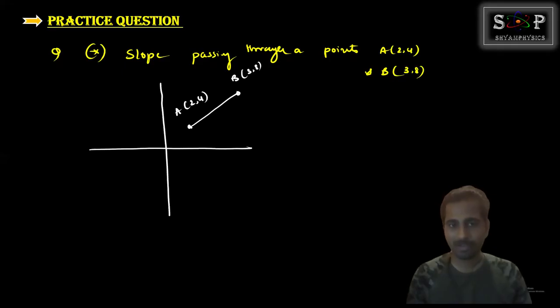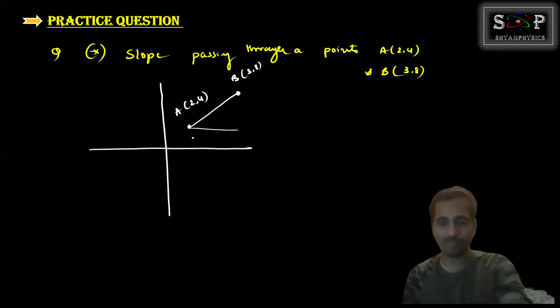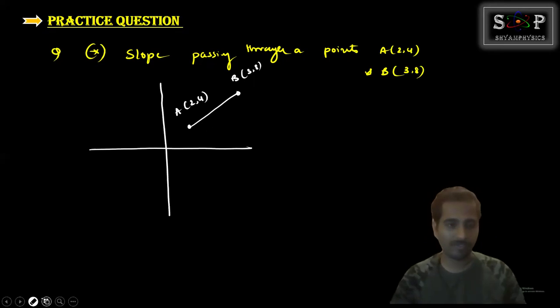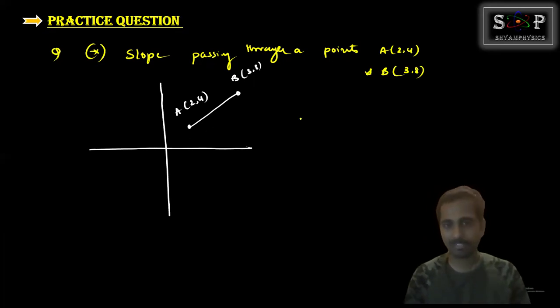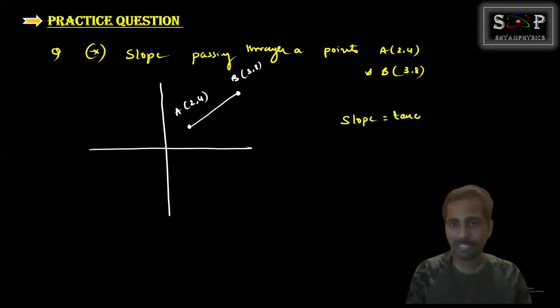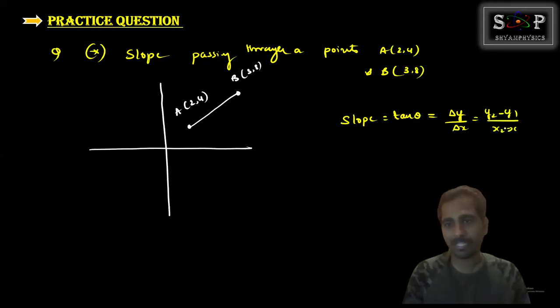Now we have to calculate the slope value. How to calculate the slope value? Sir, you only told us just now. Slope is nothing but tan theta. It is nothing but delta y by delta x. It is nothing but y2 minus y1 divided by x2 minus x1.